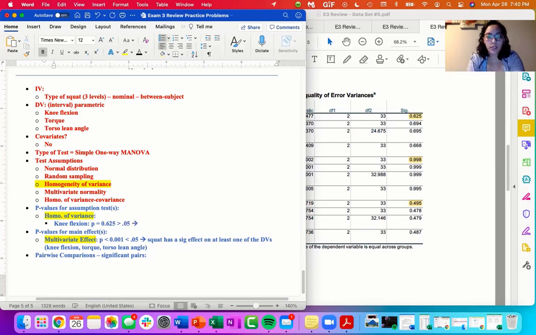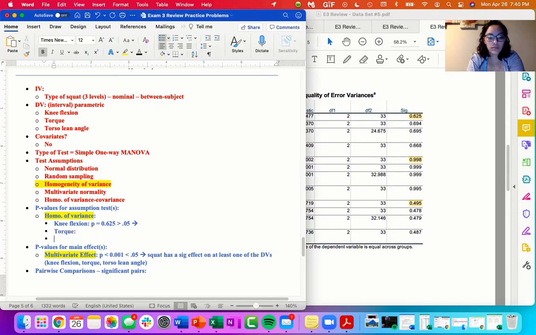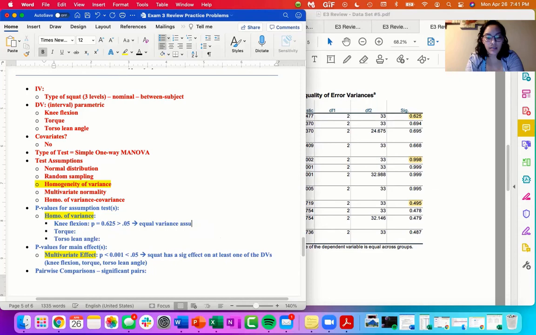So how would we interpret that? Equal variances assumed between squat groups.